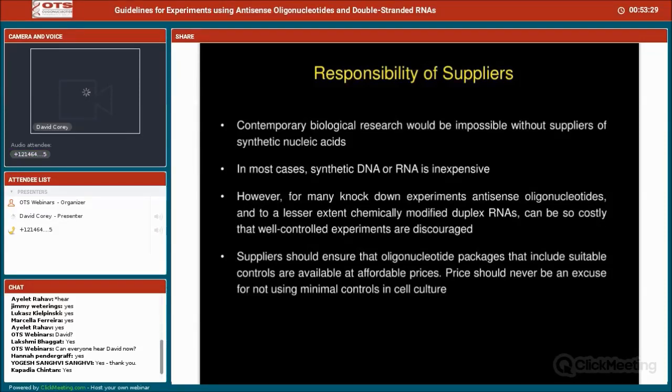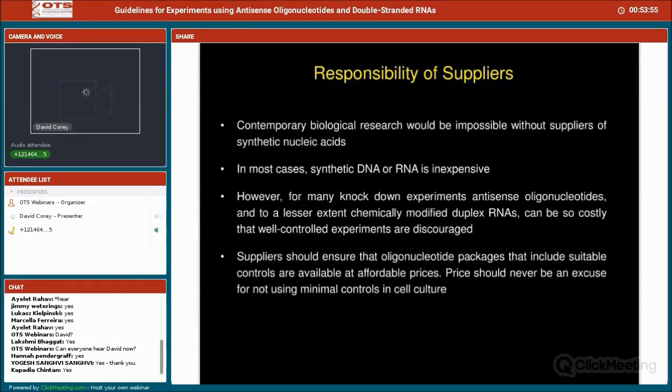However, for many knockdown experiments, antisense oligonucleotides, and to a lesser extent, chemically modified duplex RNAs, can be so costly, maybe at the price of several $100s each one, that well-controlled experiments are actually discouraged. It becomes difficult to actually afford the control experiments that I was telling you about.